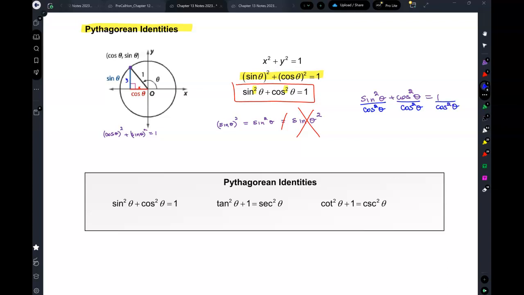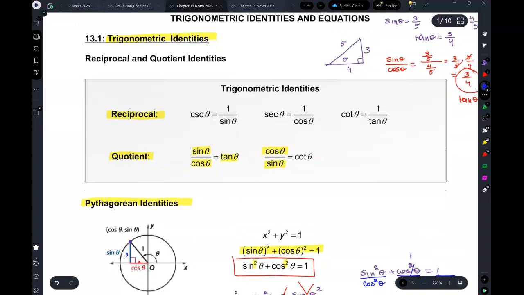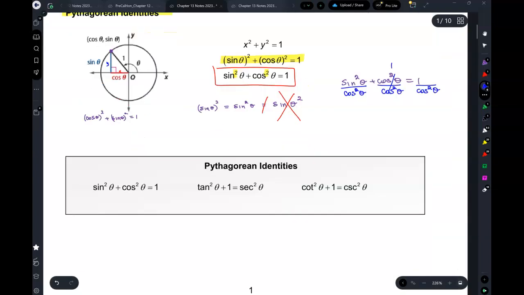This middle here cancels. What do you get instead? A 1. Now, what's sine divided by cosine? What did we say that was? Tangent. Now, sine squared divided by cosine squared is tangent squared, right? The exponents just carry.